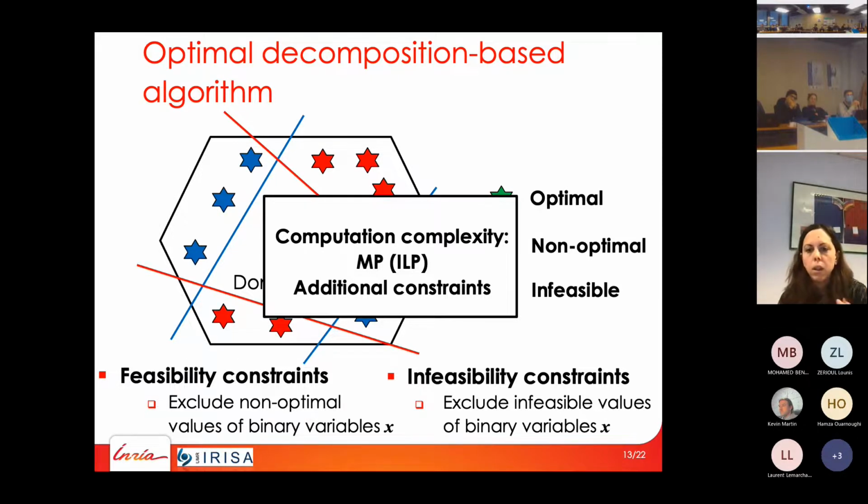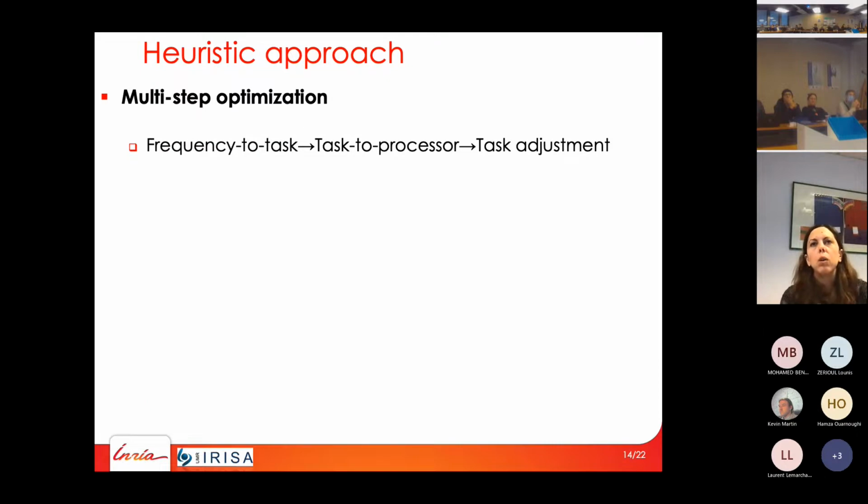Plus the fact that at each iteration, we are adding additional constraints, so the problem is increased. So for that, we have proposed a heuristic approach to have reduced computation time, and we are based actually on a multi-step optimization. So here we're having the frequency to task assignment that happens first, then we have the task to processor allocation, and then we have the task adjustment.